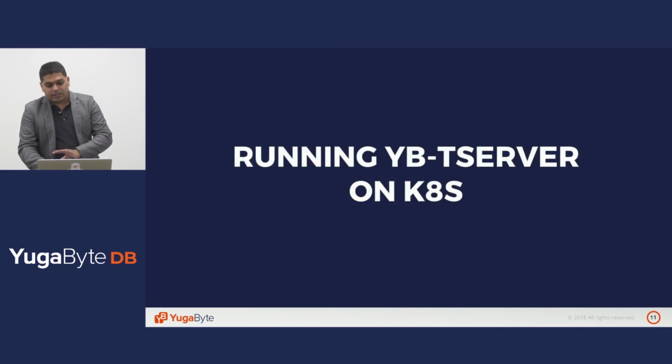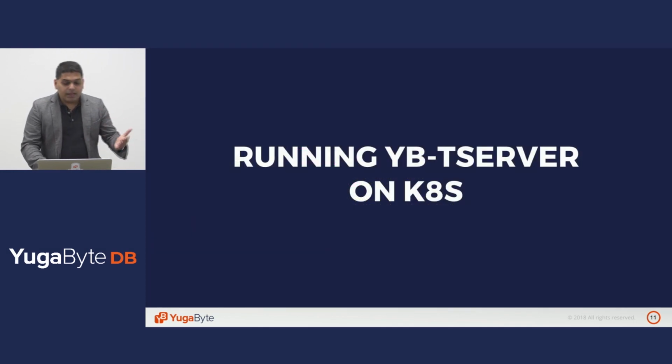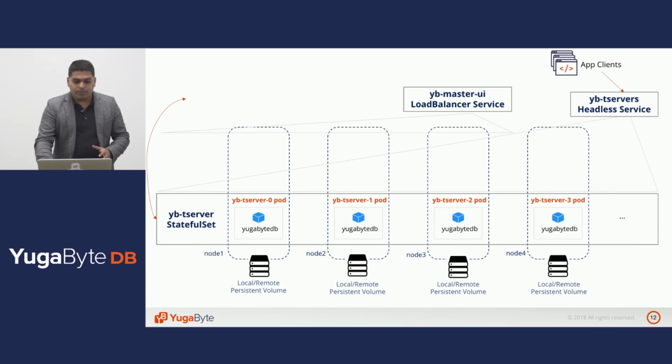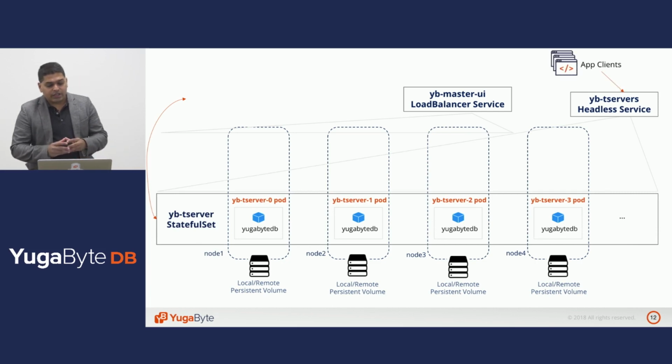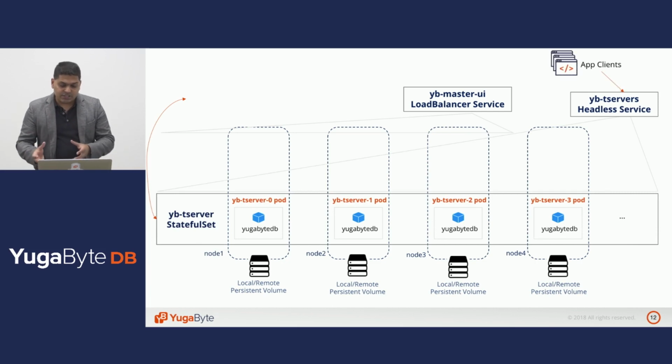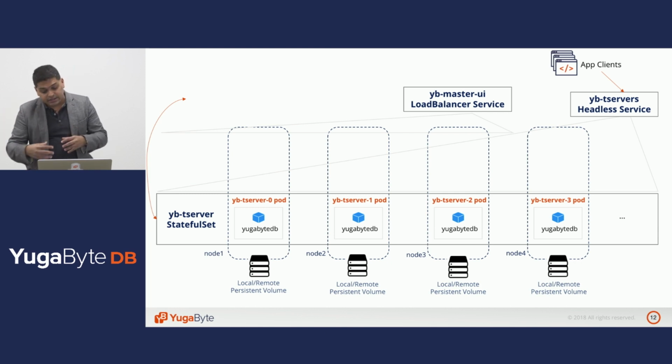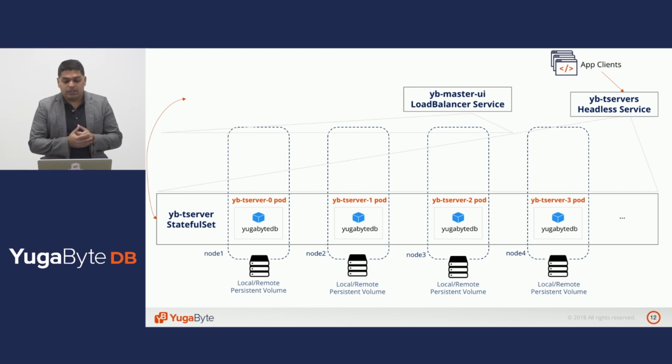The T server is also very similar, other than the fact that here we have as many T servers as the nodes in the system. When we scale up or scale down the cluster, scale out or scale in, we're essentially adding and removing pods to the YBT server stateful set service.